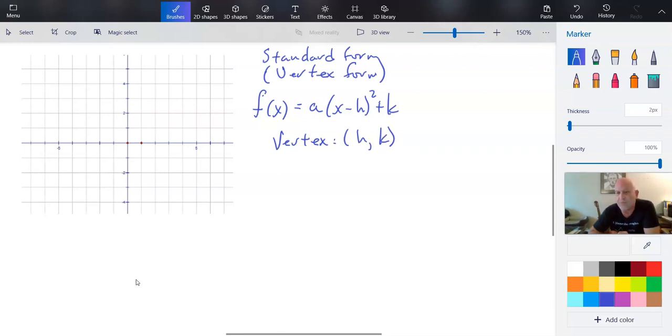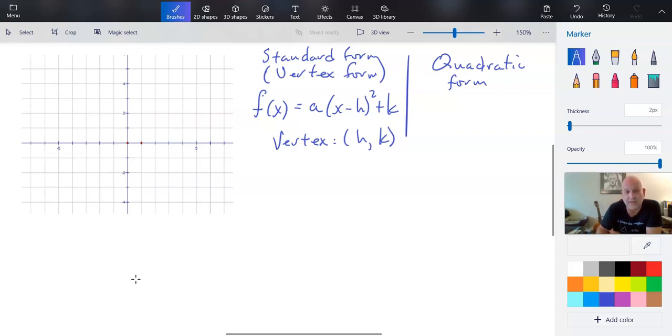Now, the other form, your book doesn't give it a name. Sometimes it's called the standard form, so this is why it gets a little bit confusing. In any case, I'm going to call it quadratic form, because it's basically the multiplied out version of this.